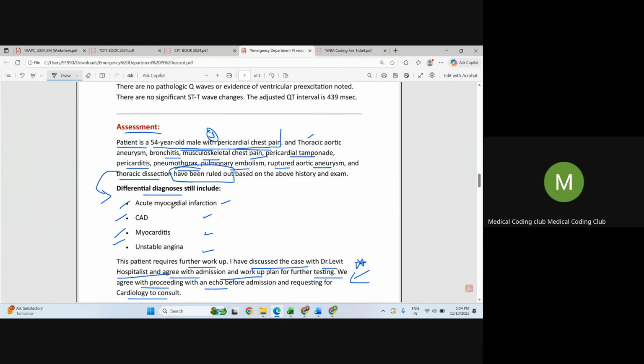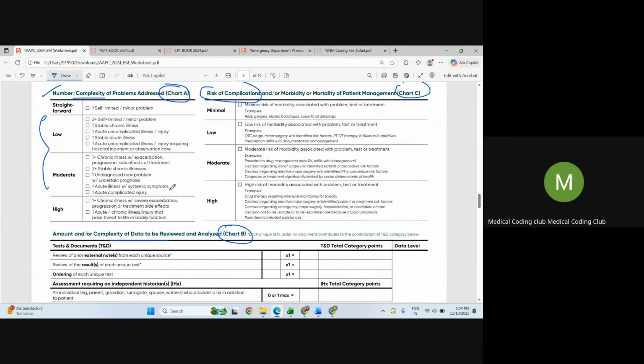It's all acute conditions, acute myocardial conditions, which can give you the higher level. But for our problem addressed, where is your particular problem? You have to identify that now.